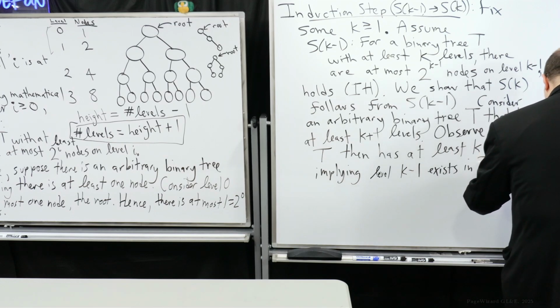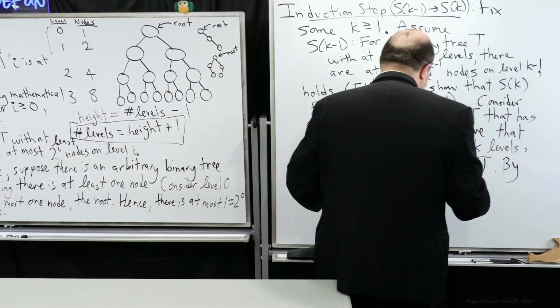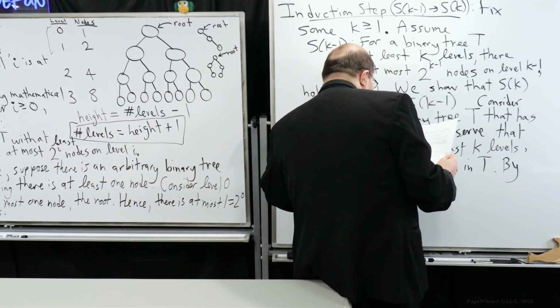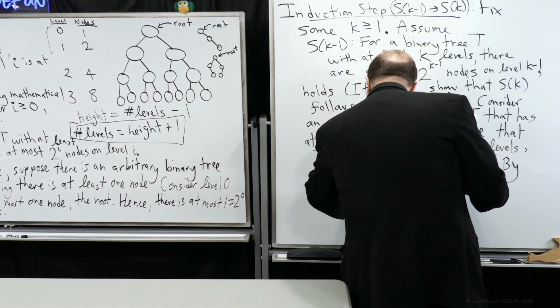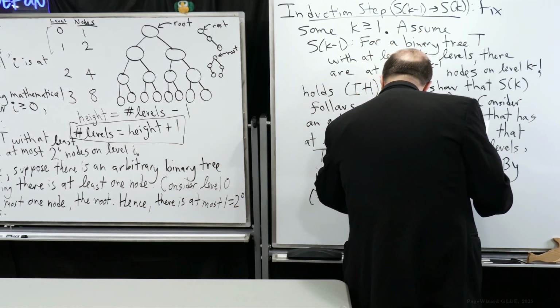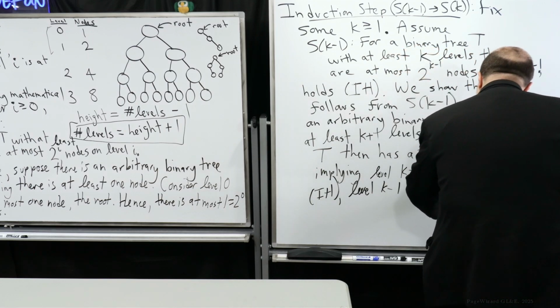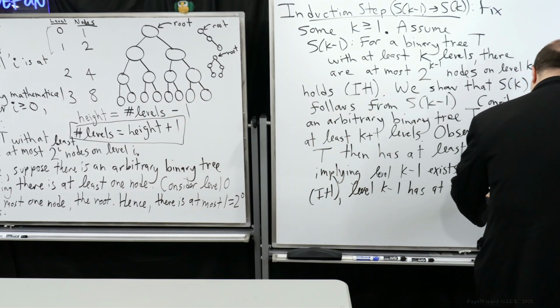Since we can just use the induction hypothesis on those upper levels, in fact the one just above it. So by the induction hypothesis, level k minus 1 has at most 2 to the power of k minus 1 nodes.